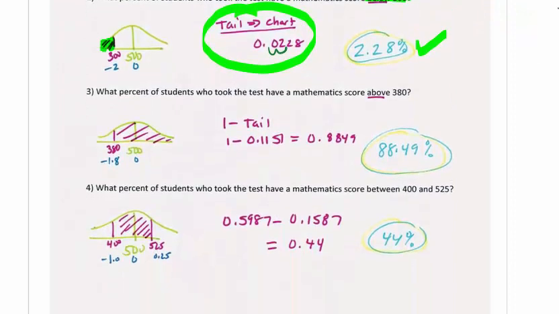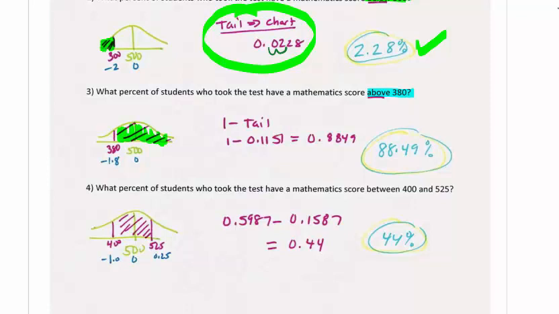What percent of students who took the test have a mathematics score above 380? So remember, 500 is my mean, so you notice that all of my normal distributions start with the same graph in green. 500 is the center, 380 is below, and we want the area above 380, so I want that whole piece.